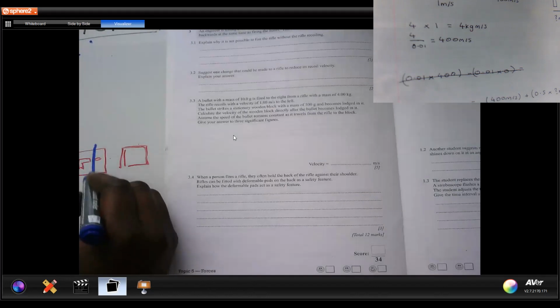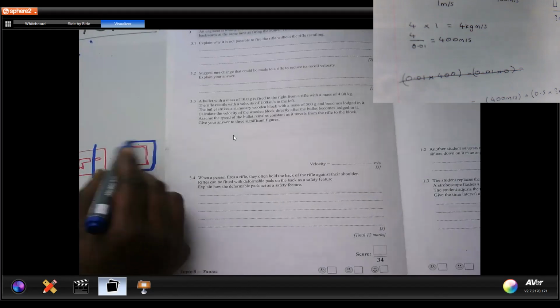You've got your gun with a bullet, that's the first system. Then it's a big wooden block. And then you've also got another system, which is your block and the bullet.